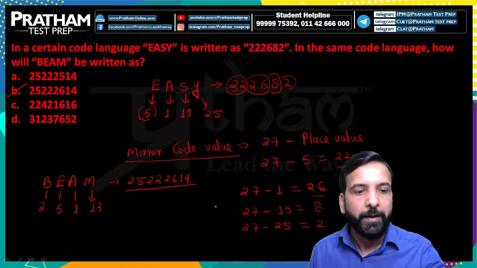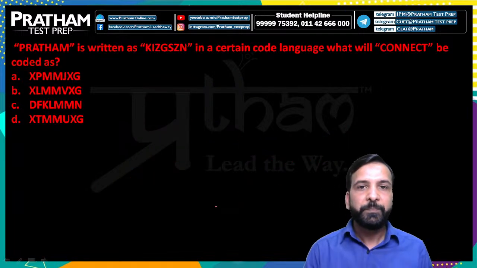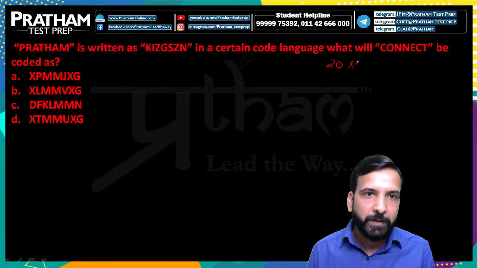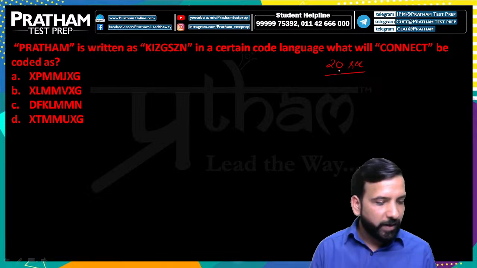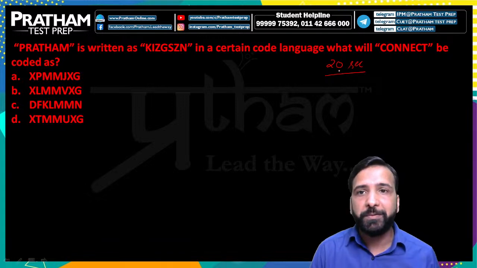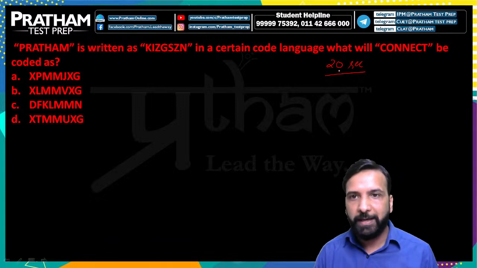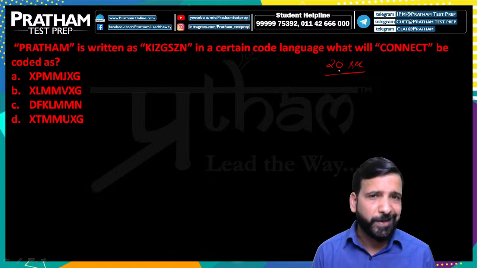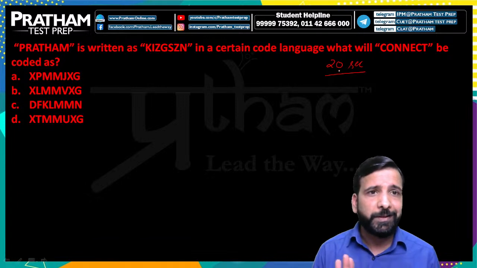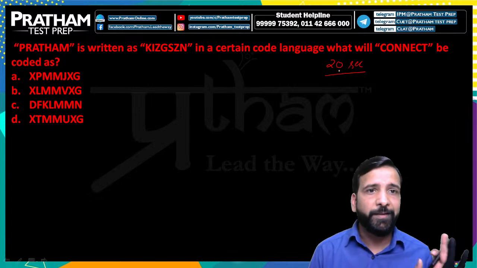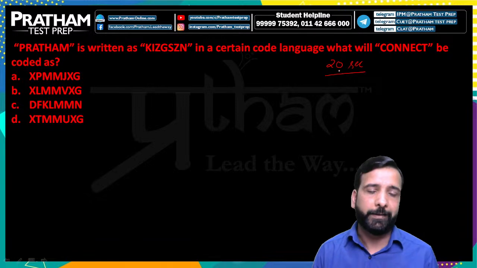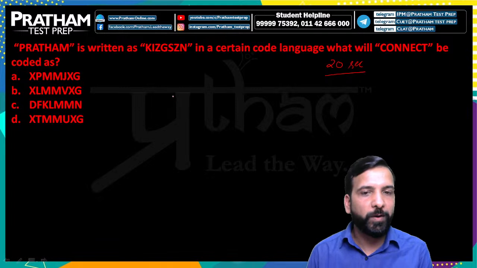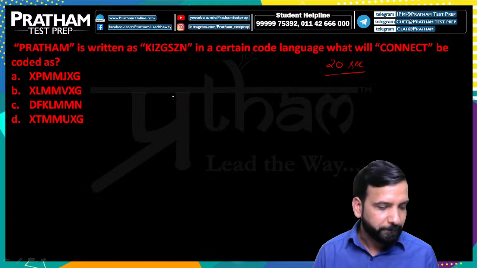Very good part. Okay, now moving to the next question. For this particular question, you all have 20 seconds. Just try to answer the question. Which option is correct out of the given 4 options, A, B, C, D? We have given Pratham is coded as KIZGSZN in a certain code language. What will be the code for connect? I'm giving you 20 seconds.